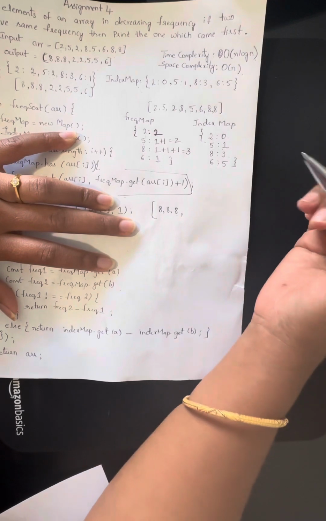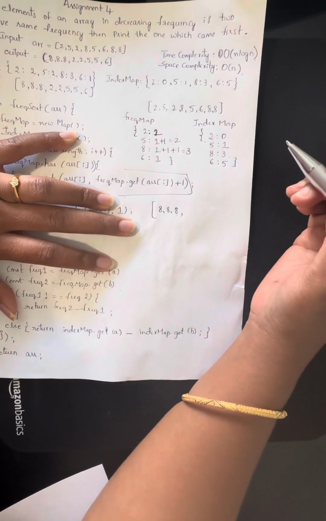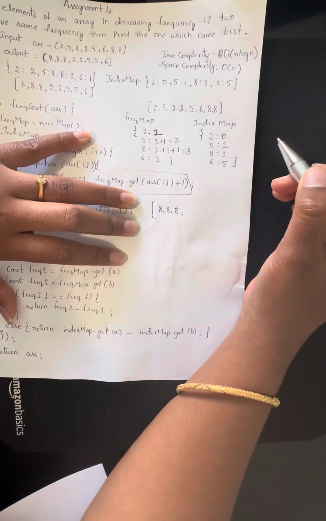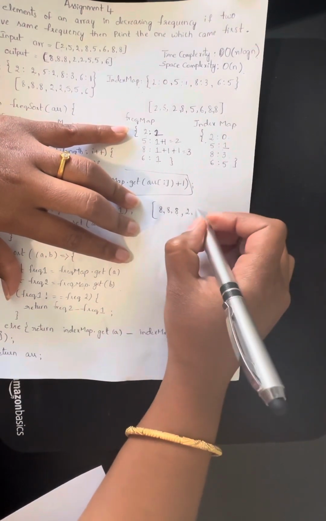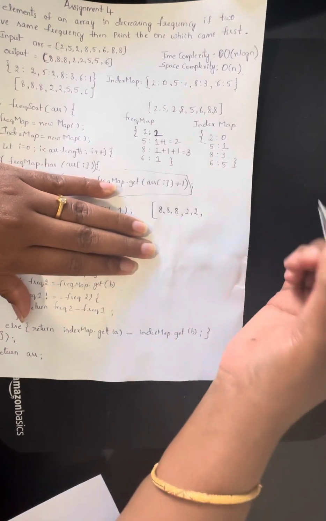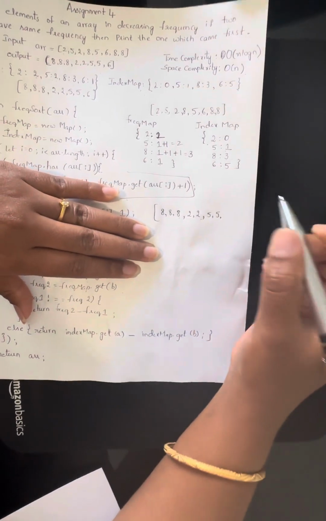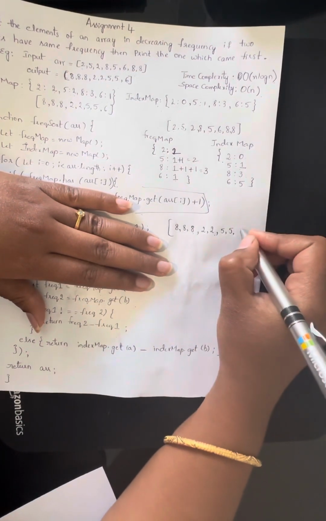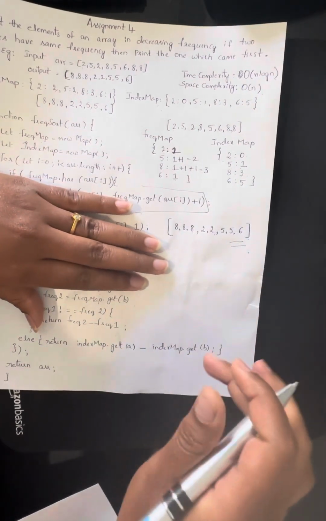When you do A minus B, we get ascending order. So whichever has the smallest index comes first, which is 2, and we have 2 with the count 2, so we get two 2s. Then the next one will be 5. Next we have the 6 with the count 1, so we just get the 6. This is our output array. Thank you.